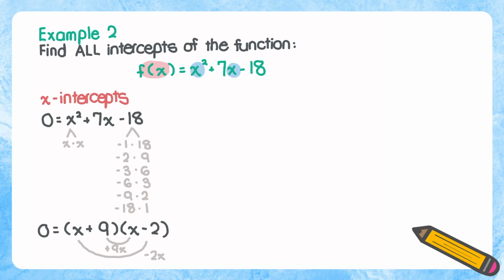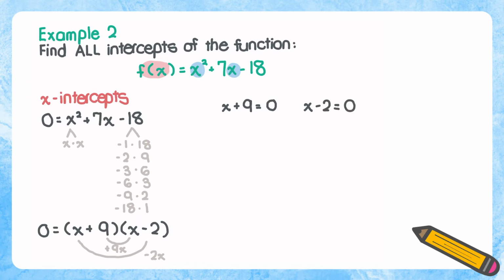All right, so now let's use the zero product property to solve for x. So we're going to have two solutions for x. So either x plus 9 equals 0, or x minus 2 equals 0.